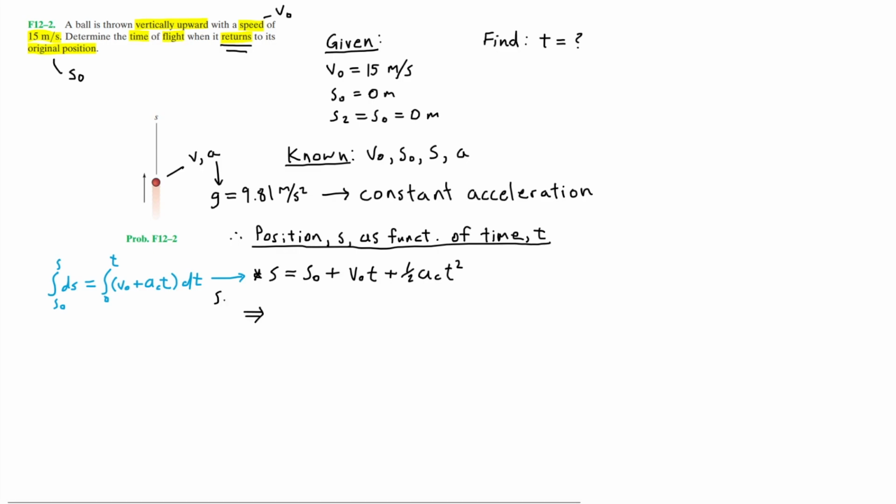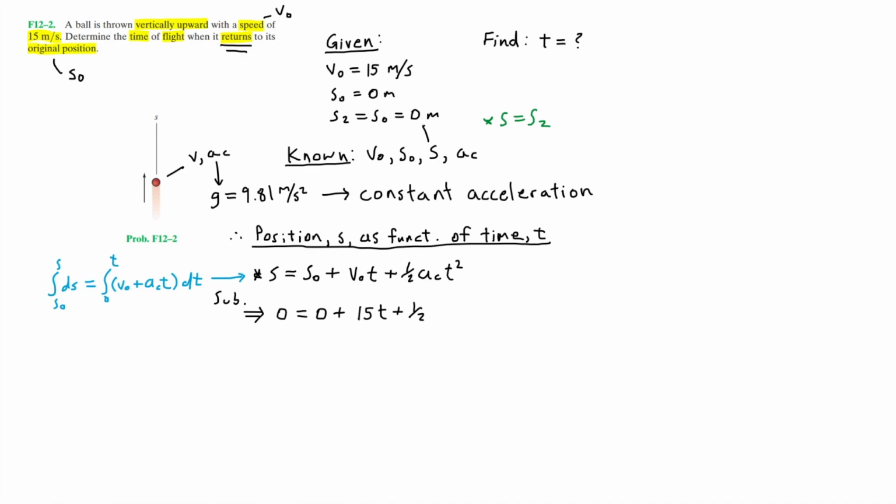So now subbing in the known values into this equation, here s is 0 since we said that s symbolizes s2 in this case. So this is 0 is equal to s0, which is also 0, plus 15 times t plus 1/2.